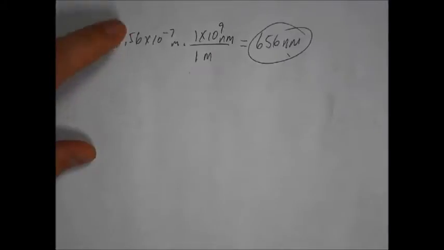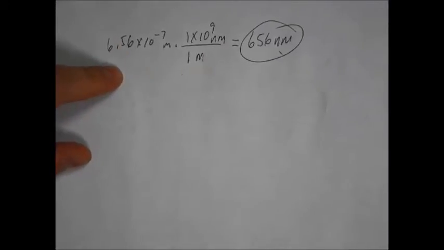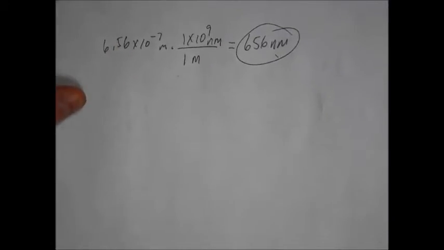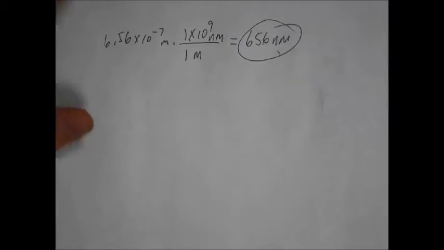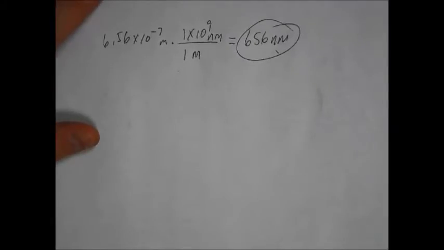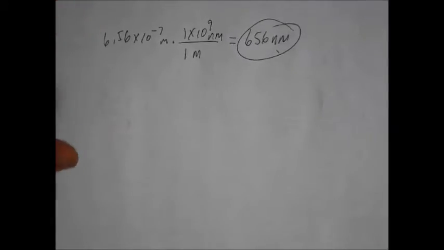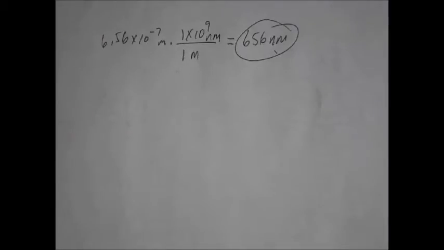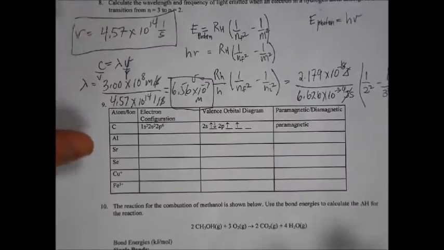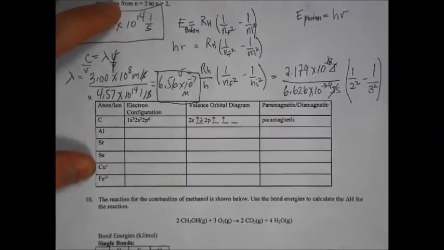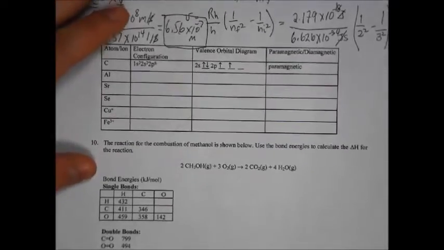This is exactly what you would expect because the transitions of hydrogen are in the visible range. So I just want you to consider that, because these transitions that we get are things that you can actually see with your eyes. Okay, so that sort of takes care of this question. I just wanted to point out that one thing.